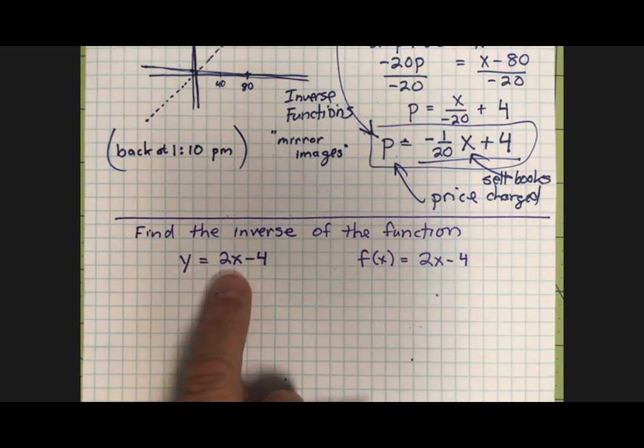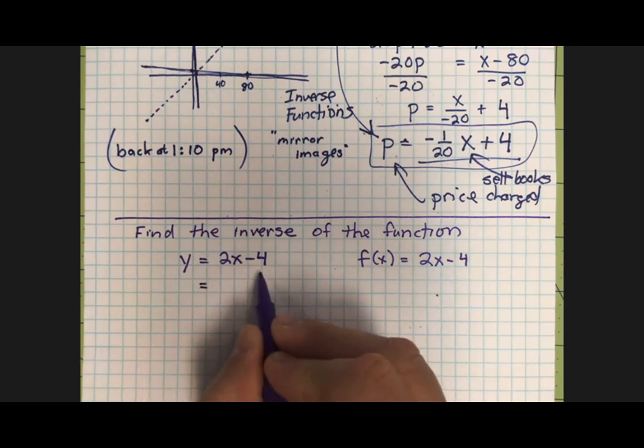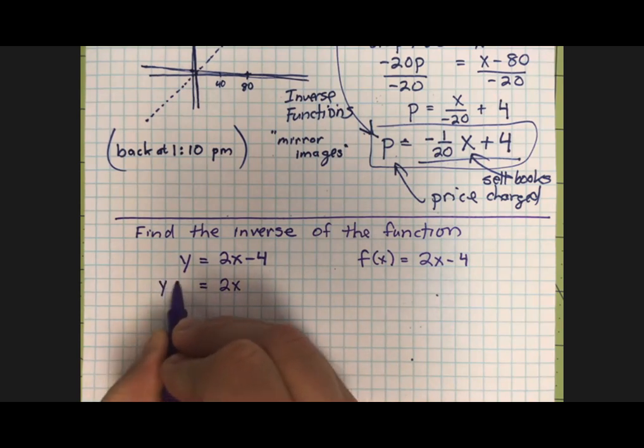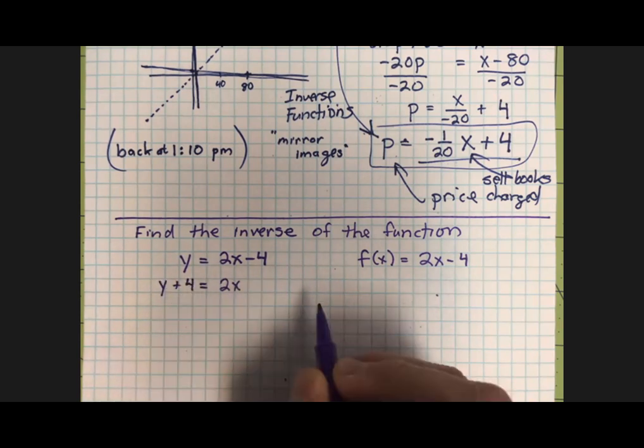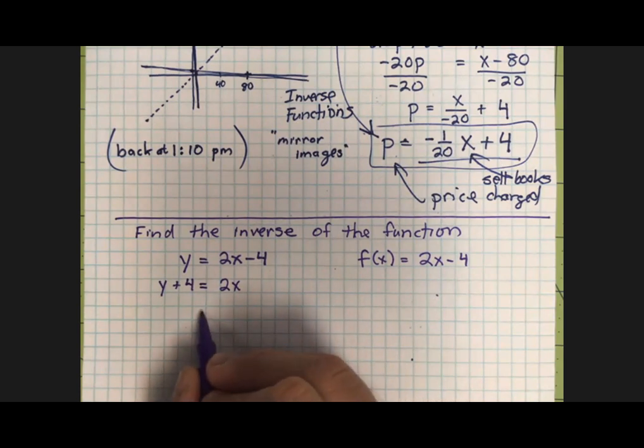I would like to rearrange this equation so that I have a formula for x. And that's not hard to do. I will add 4 to both sides. And what did I just do? I just undid subtraction. I undo subtraction by adding. I will divide both sides by 2.